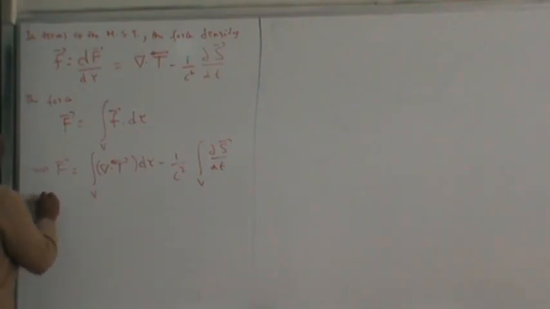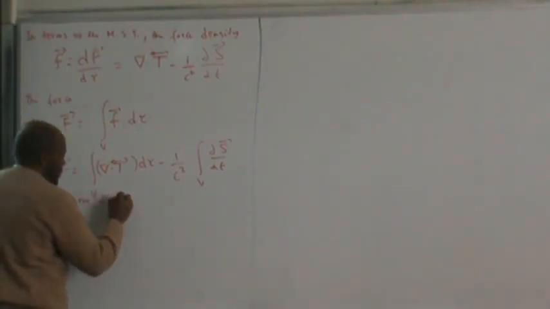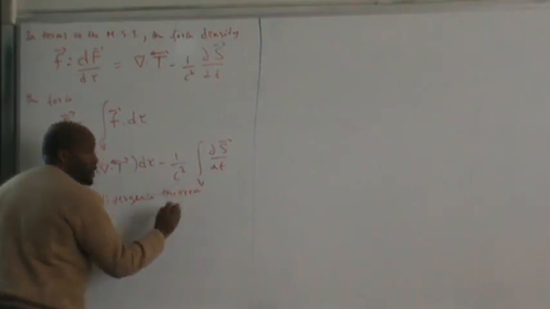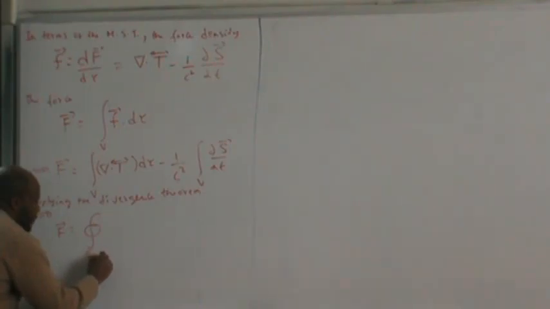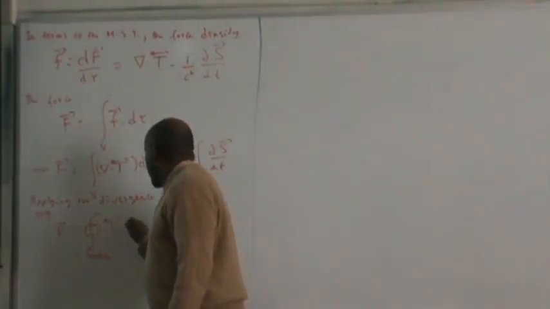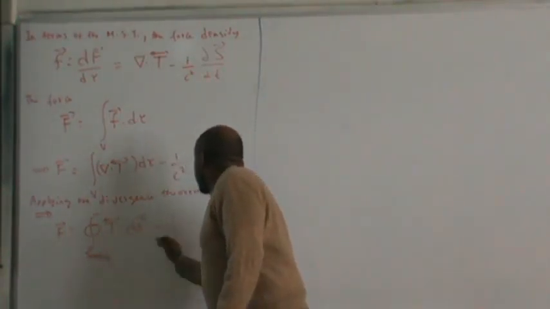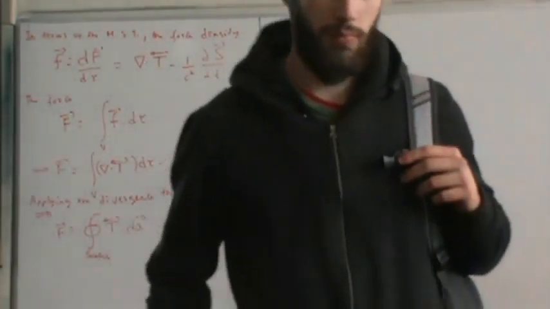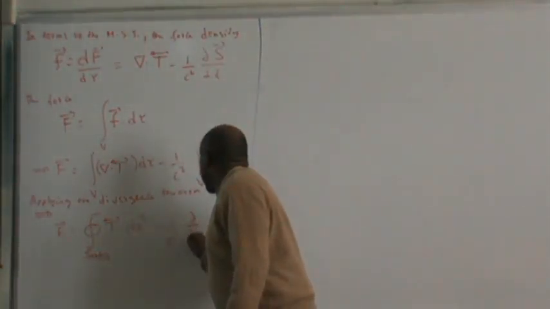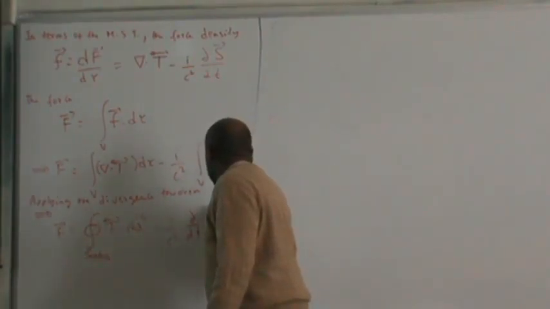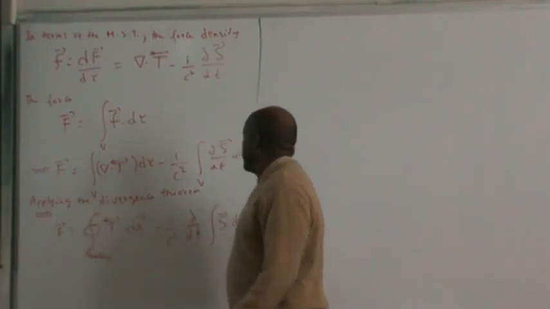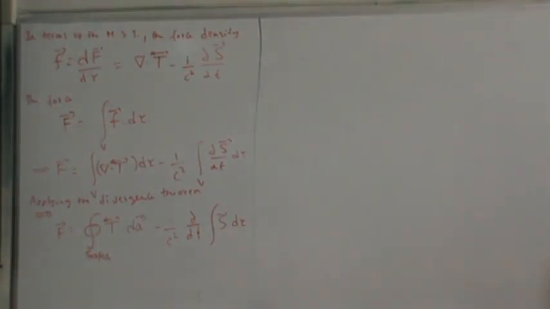Applying the divergence theorem, I can write the force as an integral over a closed surface, whatever surface you come up with that encloses the volume of the charge, integrating the stress tensor over the area dA. And minus 1 over c squared, now this is over d tau, so I can pull out the time derivative and write this as d by dt of the integral of S d tau. That's how we express the force in an electromagnetic field as well.